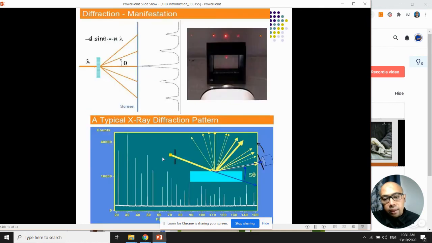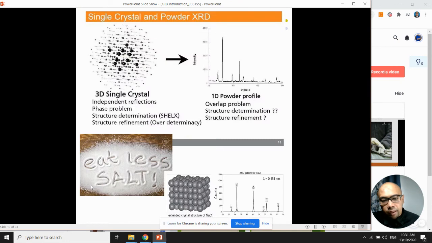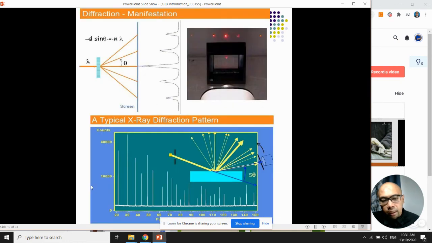To explain this diagram, the y-axis represents the intensity, or how many counts are detected for each angle scanned by the wavelength. Imagine you have this specimen. Later I will explain. When you bombard the wavelength on the surface, it gives you a pattern like this.